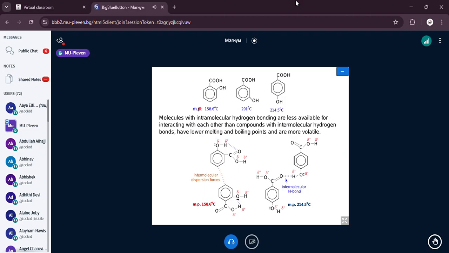And here you can see melting points of salicylic acid, meta-hydroxybenzoic and para-hydroxybenzoic acid.